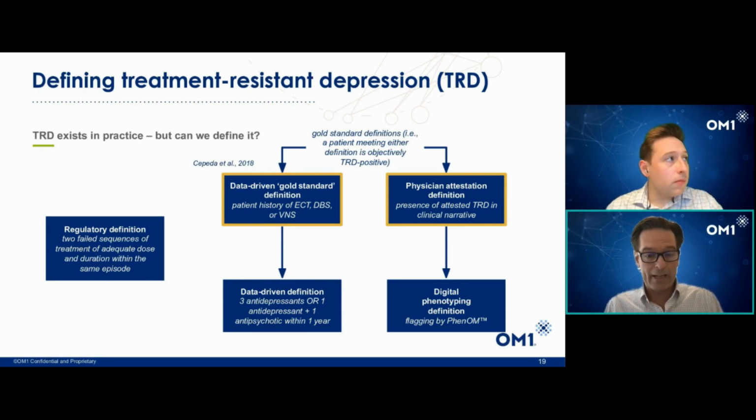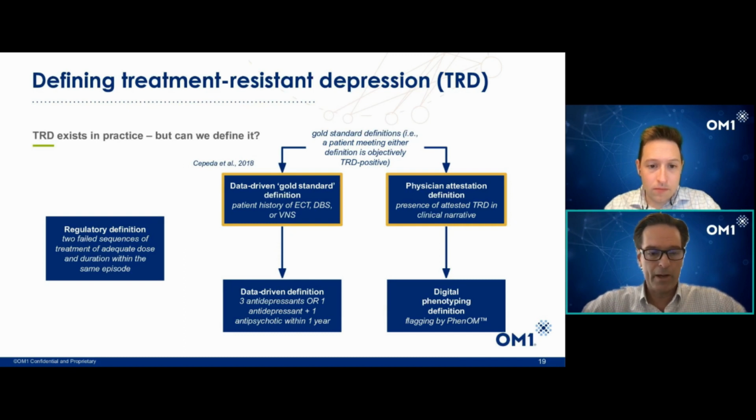A psychiatrist actually had to write in the clinical note, patient has treatment-resistant depression, or variations of that. And we were very good at identifying whether it was an affirmation, meaning patient has treatment-resistant depression, versus a negation, meaning patient likely does not have. And we created a population with that, and you created a model, which I believe you're going to tell us a little bit about next.